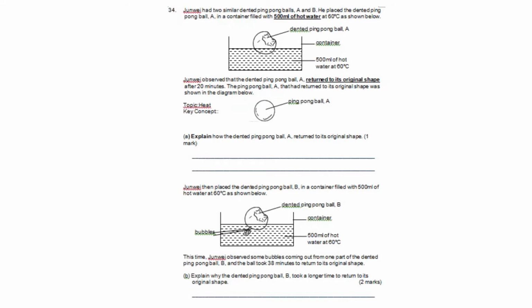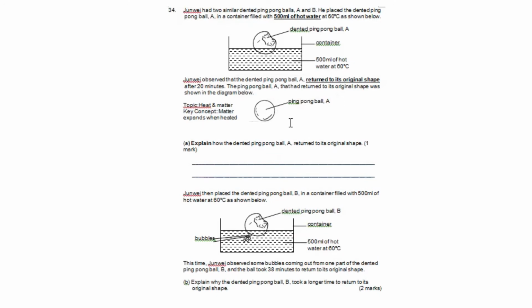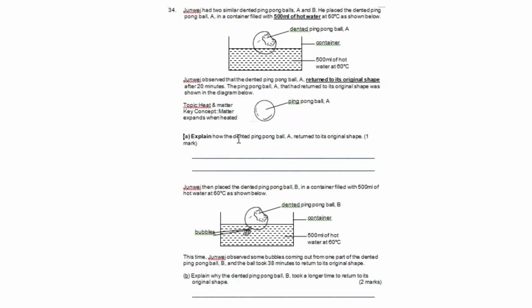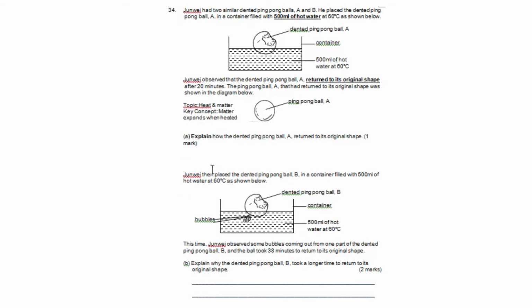So it is on the topic of heat and also matter, and the key concept here would be: matter expands when heated. So that is the key concept here. Now I need to explain it in terms of the question.